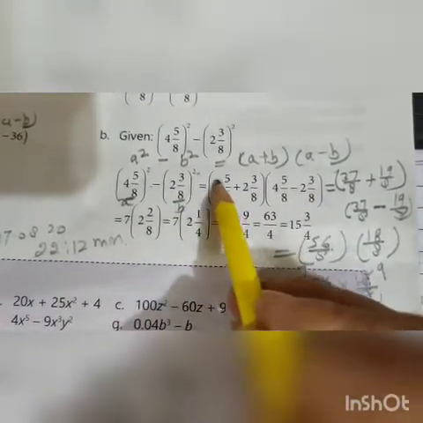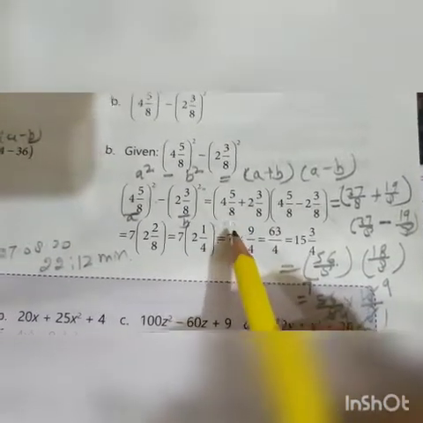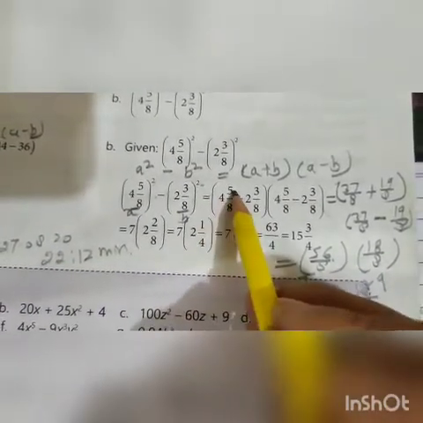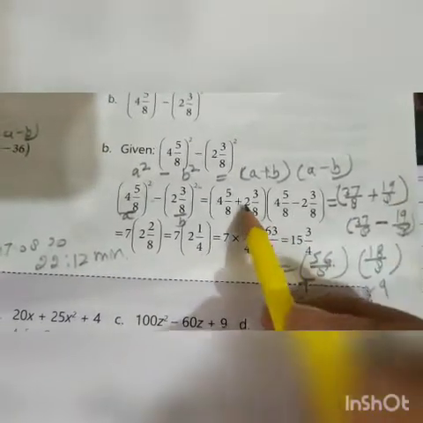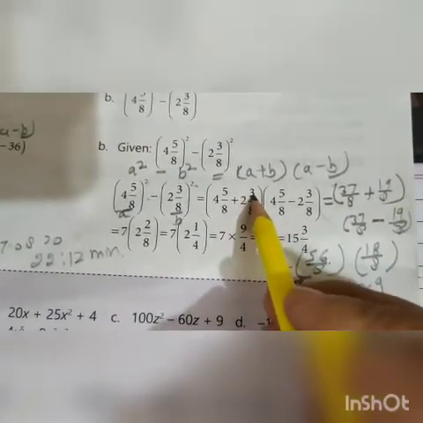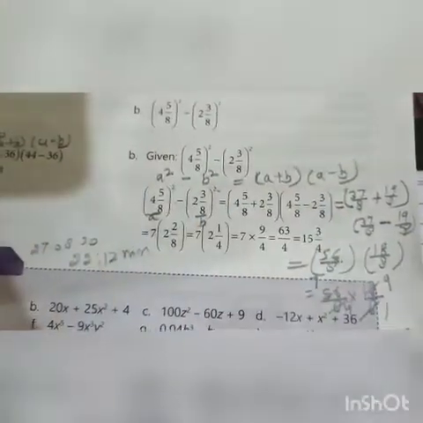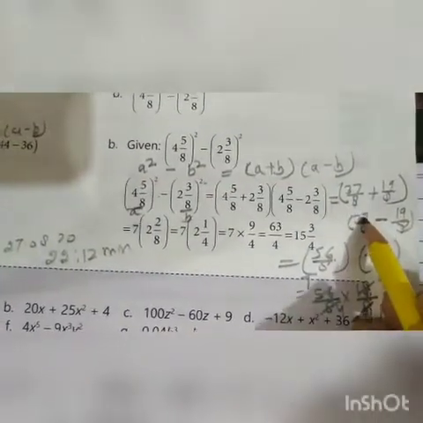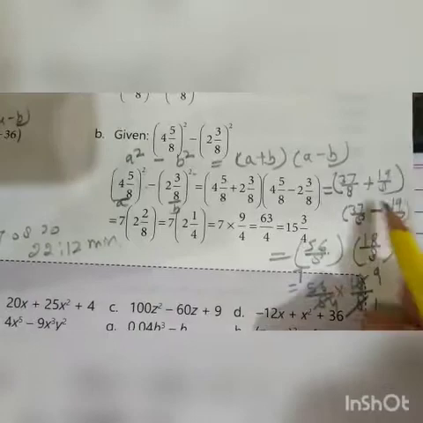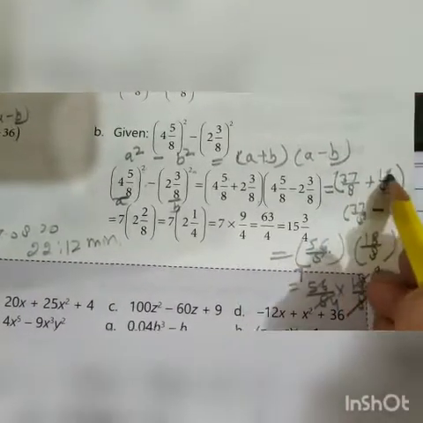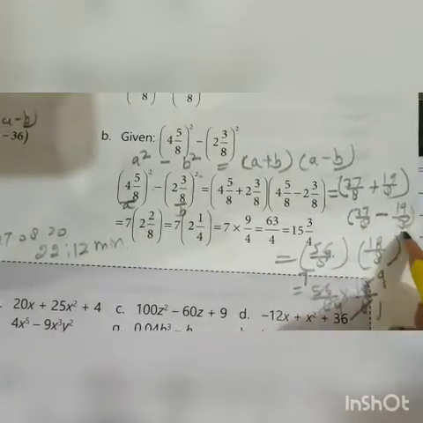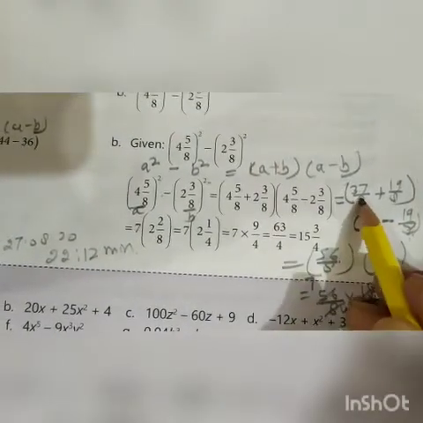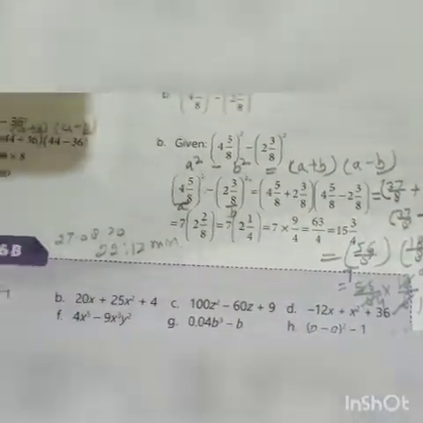Now simplify this mixed number into a fraction. 8 fours are 32 plus 5, 37 upon 8, plus 8 twos are 16 plus 3, 19 upon 8. So 37 upon 8 plus 19 upon 8 is 56 upon 8, and 37 upon 8 minus 19 upon 8 is 18 upon 8. Both the denominators are the same, so no need for LCM. Now solve it.